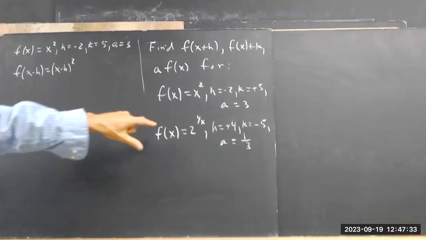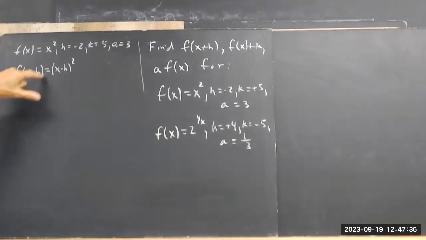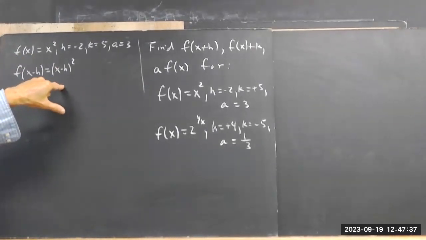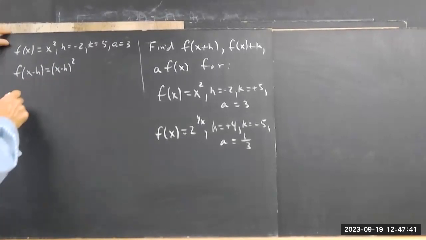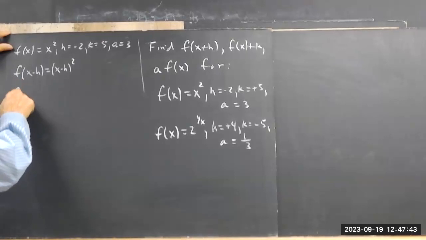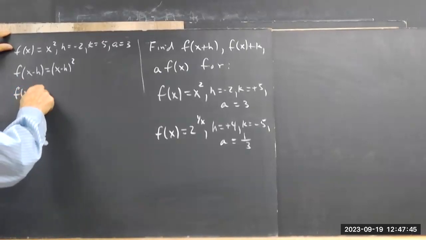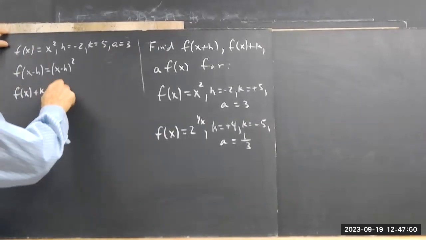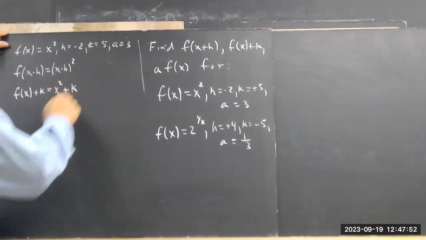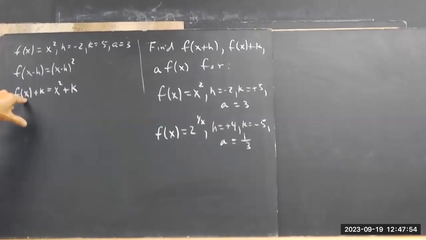First of all, I'll say f of x minus h is x minus h quantity squared. I think everybody is pretty much on track with that. f of x plus k is f of x, which is just x squared plus k. k is not inside the parentheses there, so it doesn't replace anything.